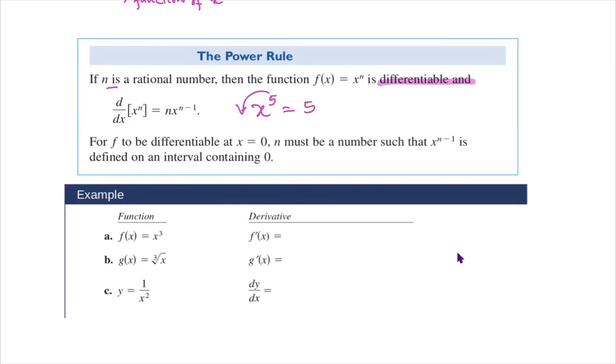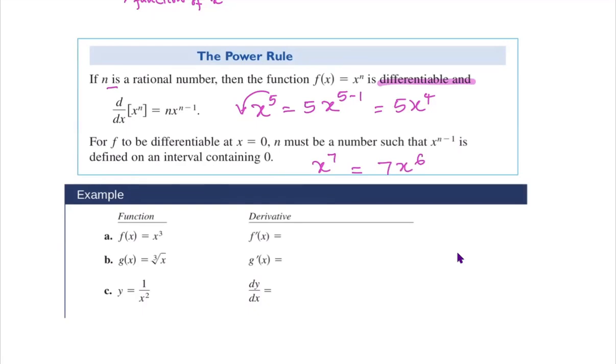So that's 5 x to the power 5 minus 1. So the derivative of x to the power 5 is just 5x to the 4th. Hope that makes sense. What is the derivative of x to the power 7? Same thing. So that is 7x to the power 6. That's the power rule.